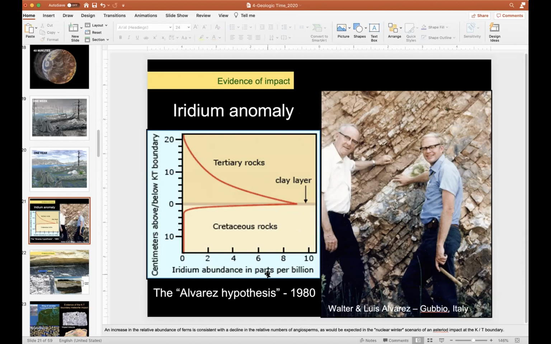If we were to plot this against the contents of our drinking water, it would be barely a blip compared to the chlorine and the fluoride that's in our water. The fluoride is in parts per million, not parts per billion. So this is really a small amount, and it took some advanced equipment in order to detect that.